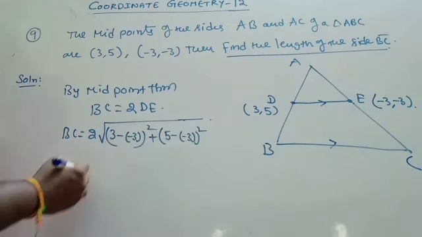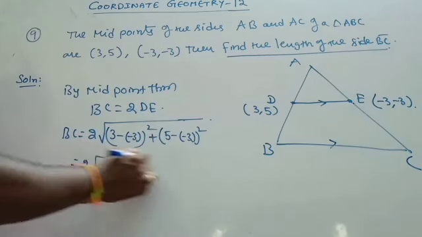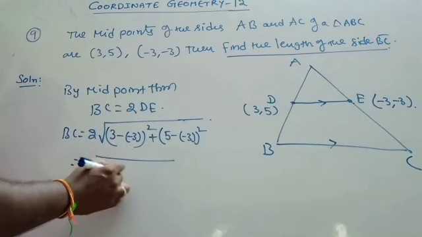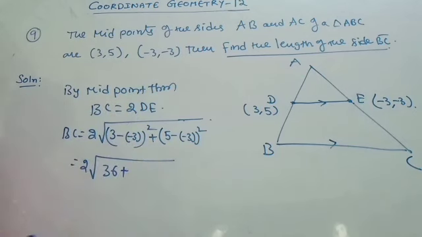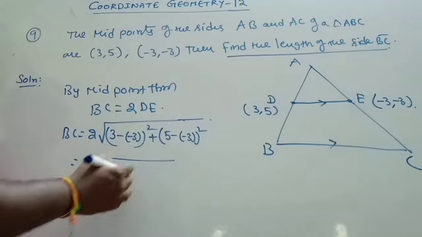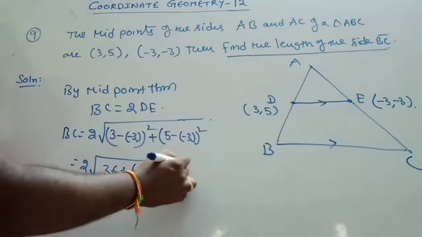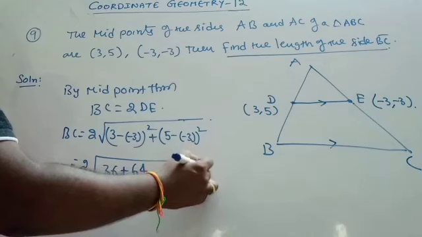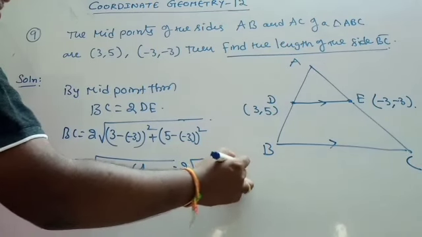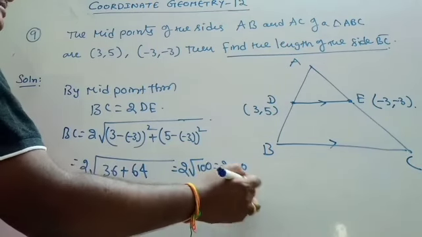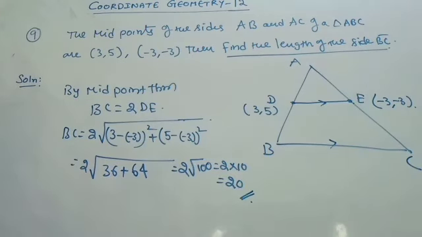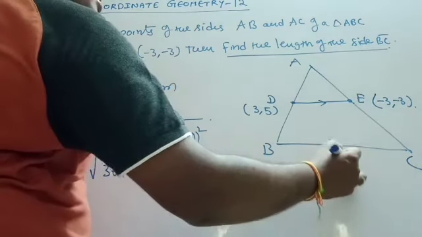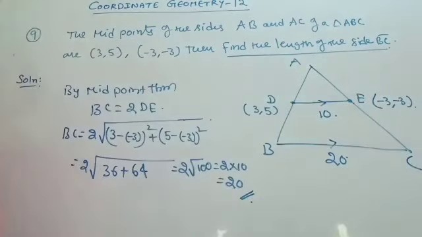Now this equals 2 times root of 6 squared, that is 36, plus 8 squared, that is 5 plus 3, 8 squared, that is 64. That is 2 into root over 100, that is 2 into 10, that is 20. The length of the side BC is 20 units, and DE is 10 units. In this way we can find the length of the side BC. A nice problem.